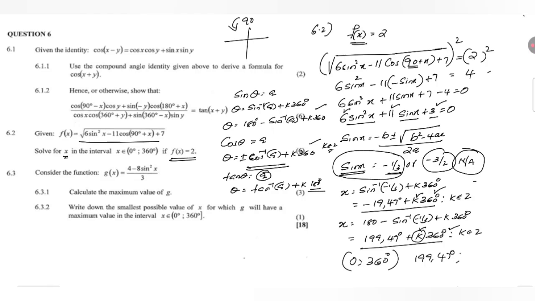Then when k is equal to 1 in the first general solution, when you substitute k is equal to 1, it will give you 340.53. You will get only these two solutions in this interval. All other values will be outside the interval. So these are the solutions. Guys, this is how we do this question.